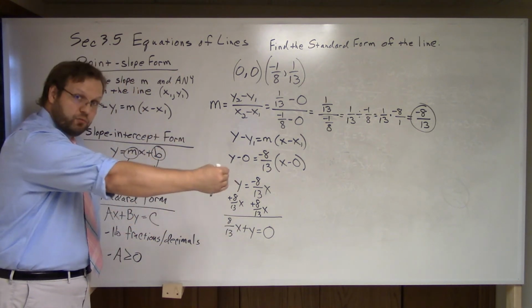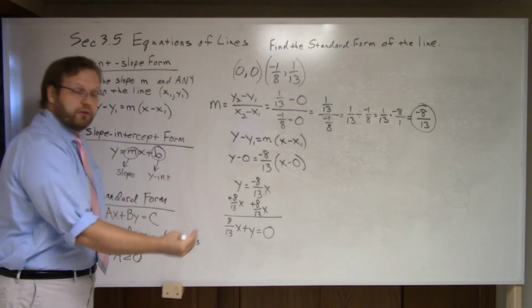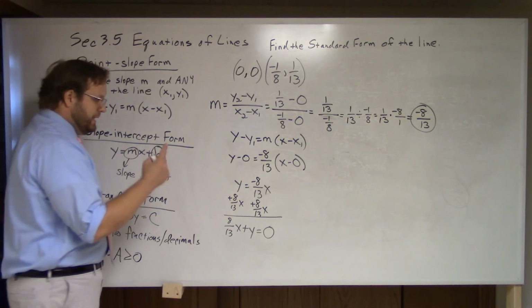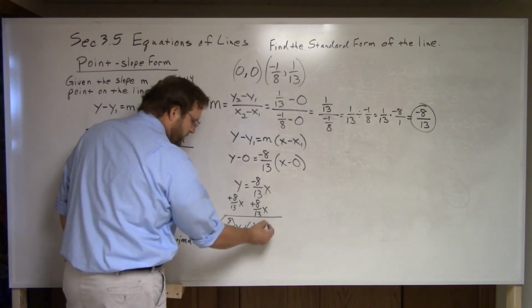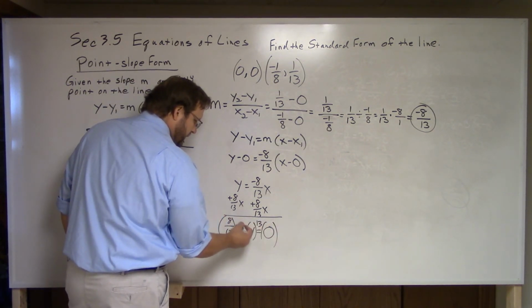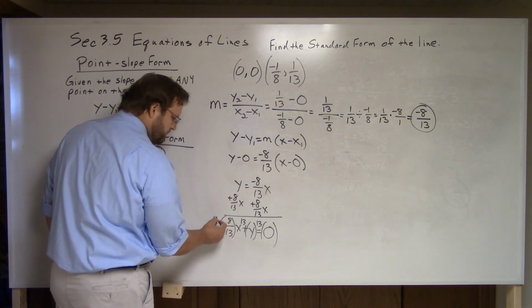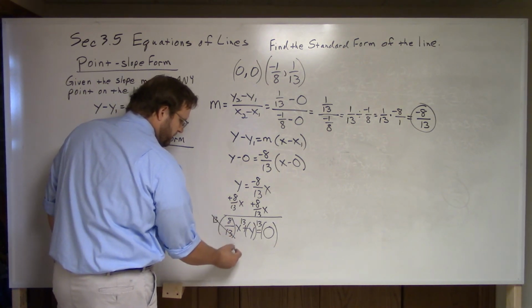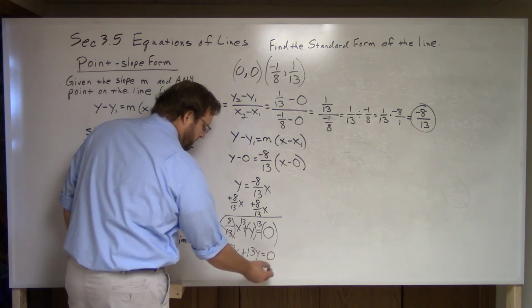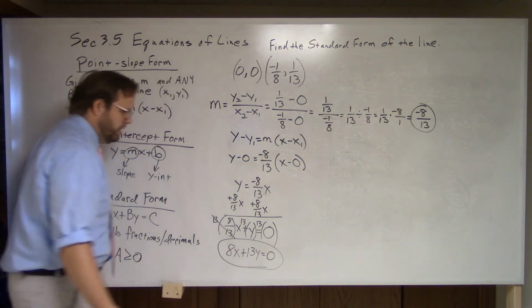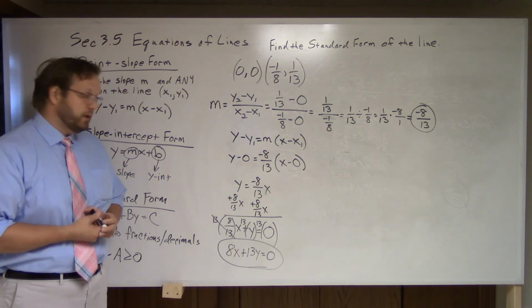That side on the right was emptied out, so now there's a 0 value there. Now, the only thing I need to fix here is that fraction, so I'm going to multiply everything by 13. And there you go. Okay?